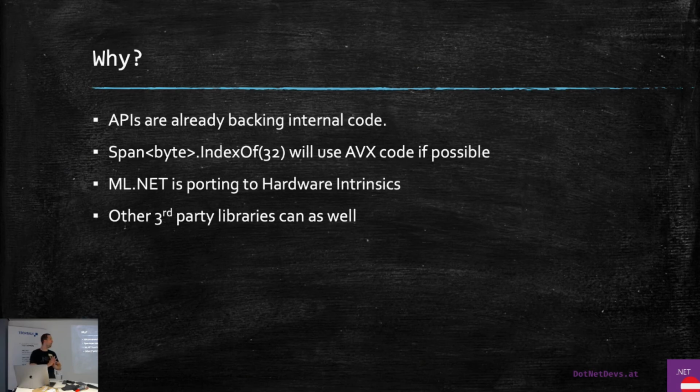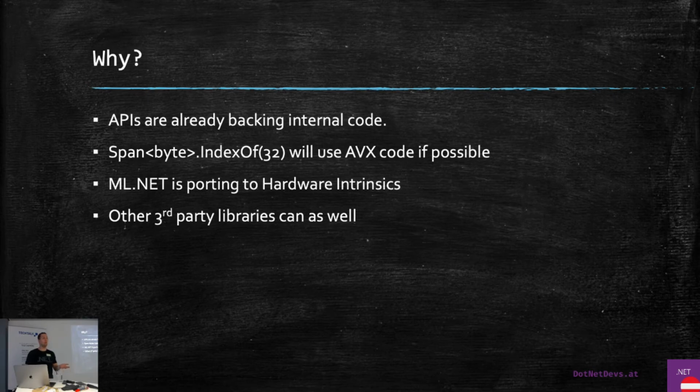Well, first of all, it's good to know that the things are there, and they're actually already used by internal functions inside of .NET Core. So if you're using spans, like you should all be using spans, and you have, for instance, a span of bytes, and you call IndexOf or IndexOfAny, this will go to SpanHelpers, and this is actually implemented using AVX2.